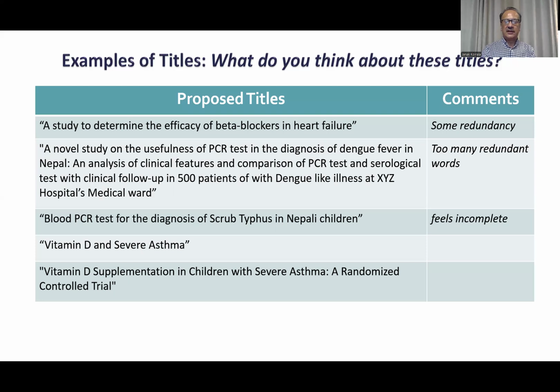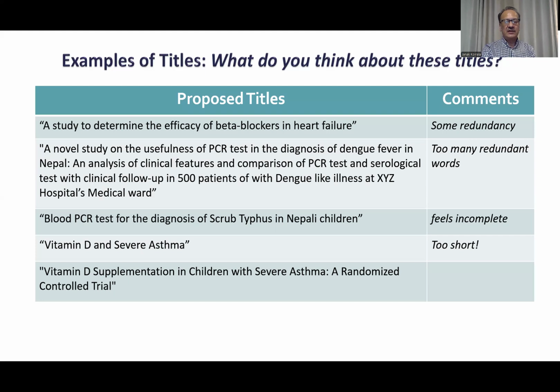So it's not clear what this study intends to do. How about the next one, vitamin D and severe asthma? Clearly, it's too short, doesn't tell you anything. It just looks like not a research article, but more like a review article.